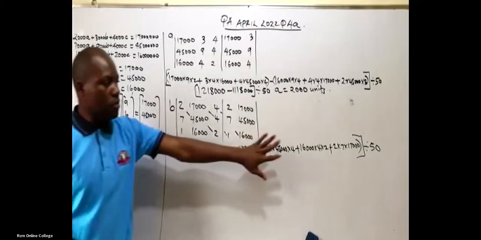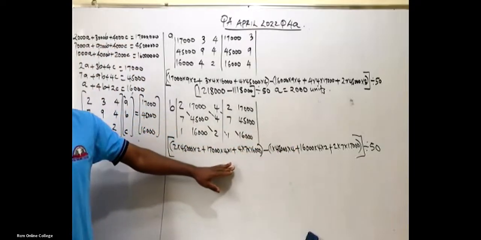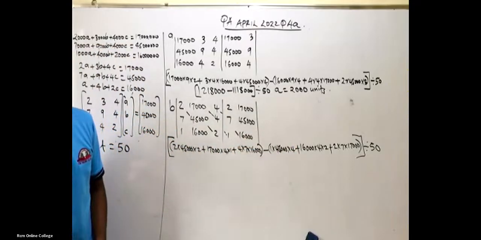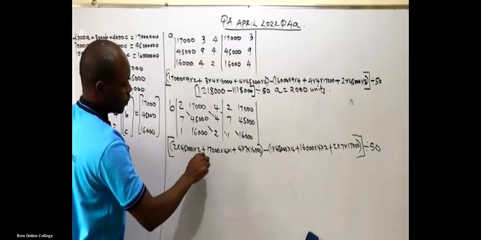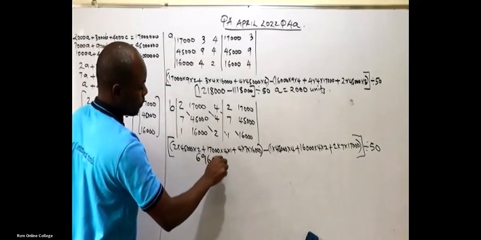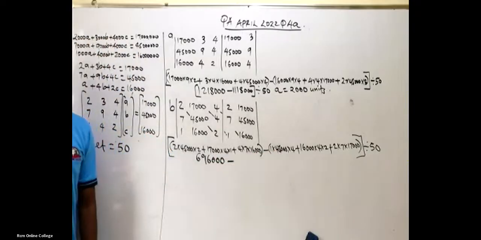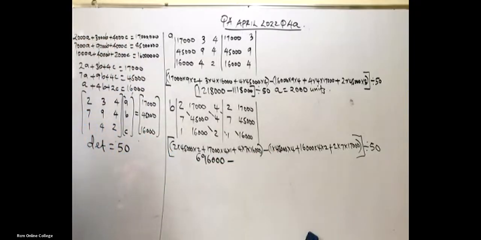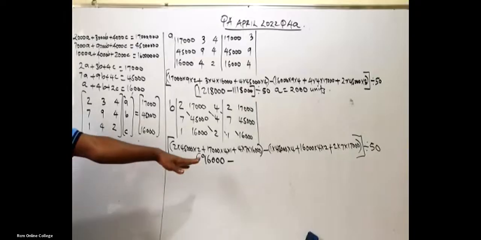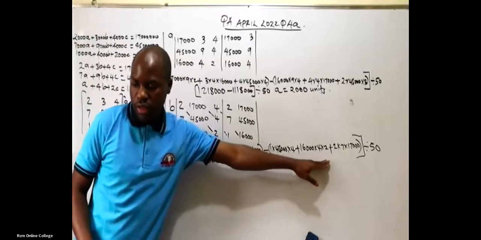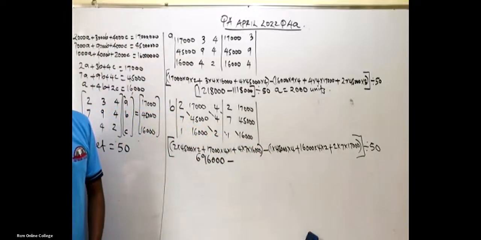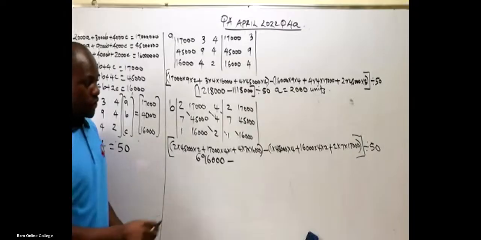Maybe if somebody has done everything and is having the value of B. First part is 696,000. Thank you. Minus this other side. Oh, somebody's already having the answer. That's great. The other part of it, this section here, what are you getting? Jane, help us there. 546,000.